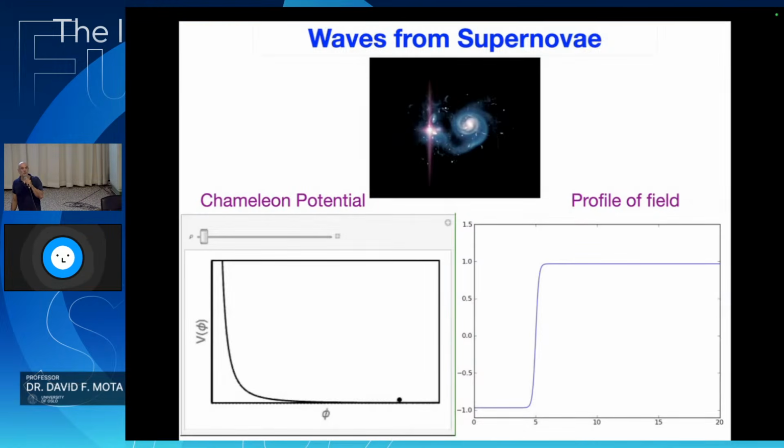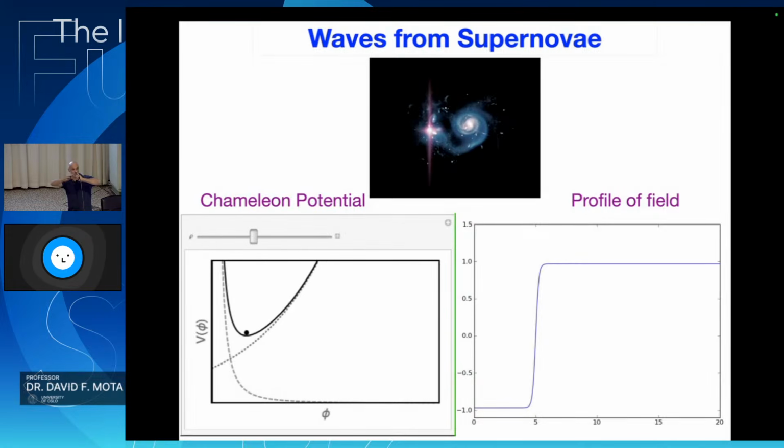The problem is that although the solar system is a virialized system and the quasi-static approximation works very well, outside the solar system many events happen. For instance, supernovae going off. We know there are supernovae going off even in our galaxy. When a supernova goes off, if I have a chameleon field which is completely screening the supernova and our galaxy, the chameleon field will have a potential that suddenly changes.